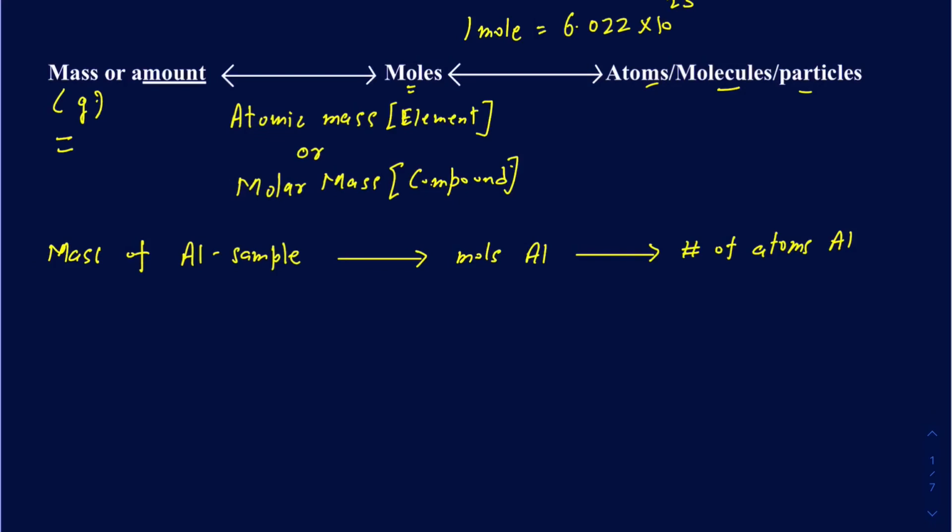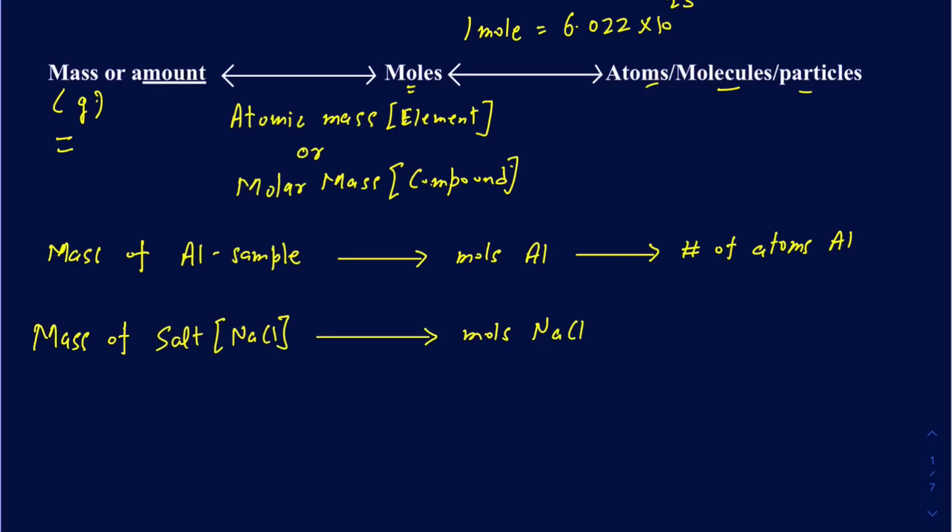Suppose I'm given the mass of salt, and we'll just take table salt, which is NaCl. If you're given the mass of the salt, we can convert it to the moles of salt, or moles of NaCl.